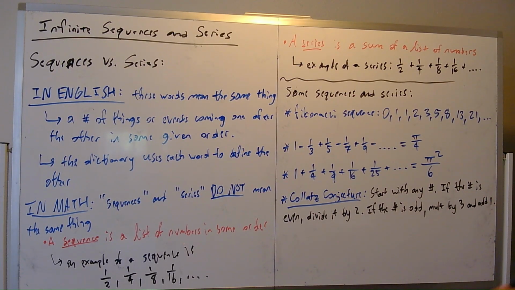So the conjecture is if you just start with any number and you do these operations until you can't anymore, the conjecture is that eventually you just always get to 1.